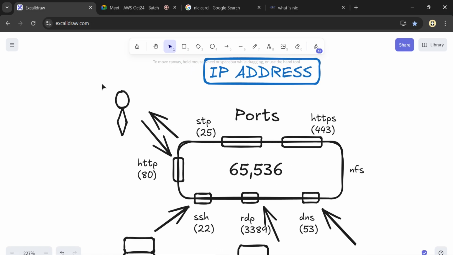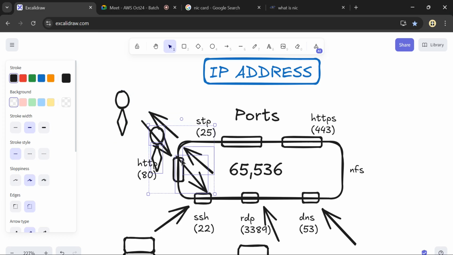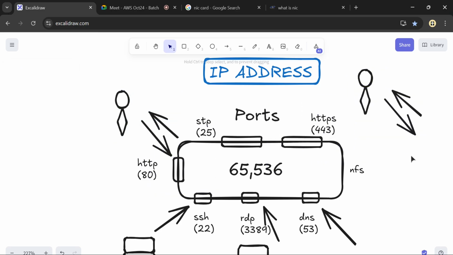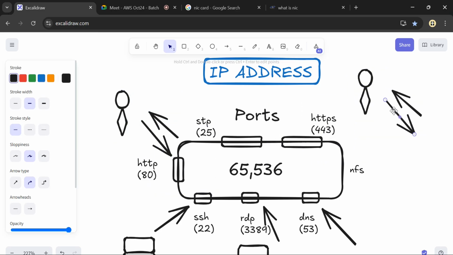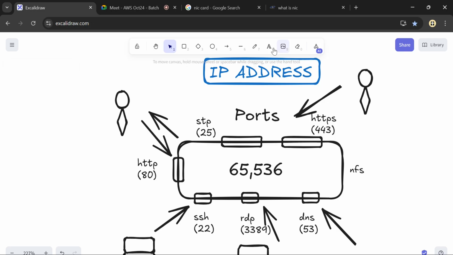And let's say HTTPS is again used to establish the communication, or it is used to connect to the web servers. So that is what the HTTPS port is. But this will be secured.